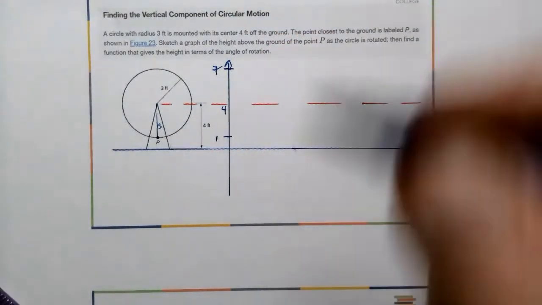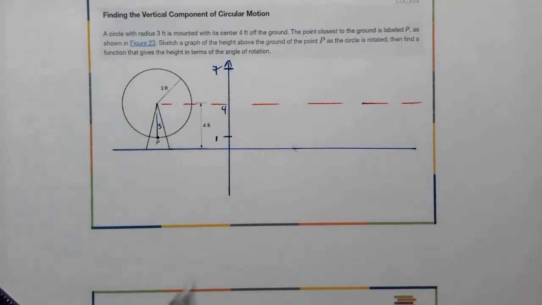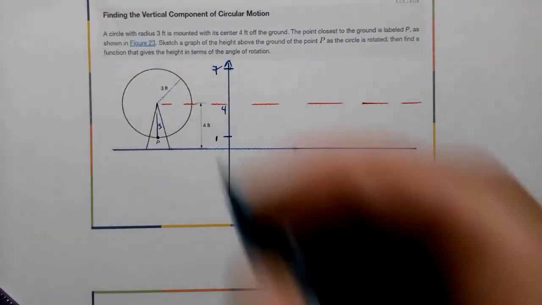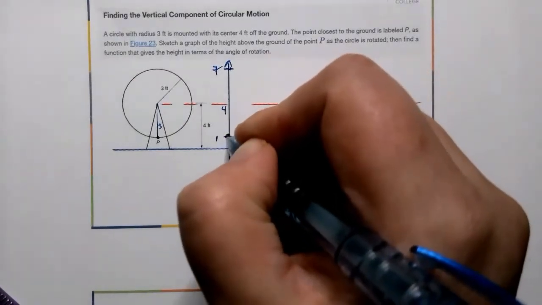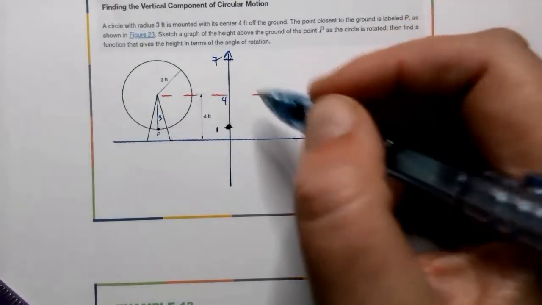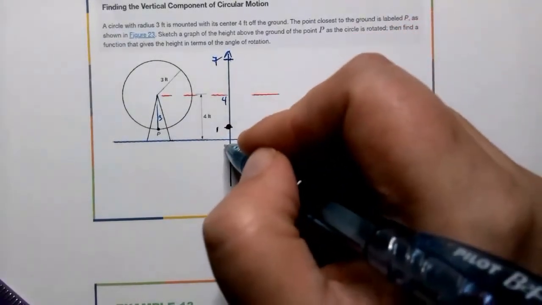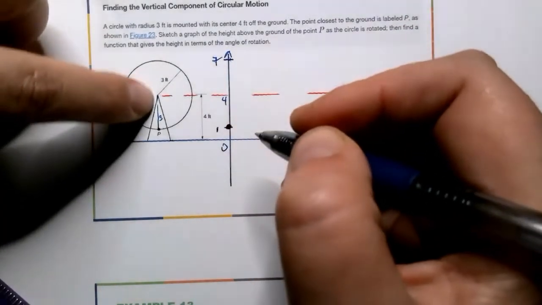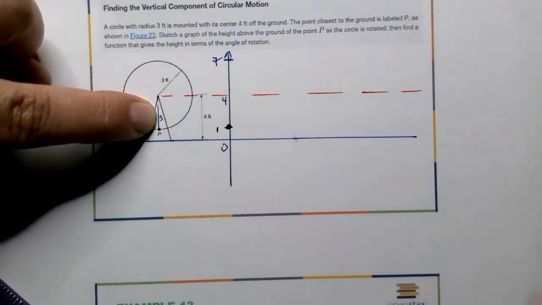We're going to start with our point downwards, in the position closest to the ground, 1 foot above the ground. We'll call it 0 rotation. At this point there was no rotation yet.